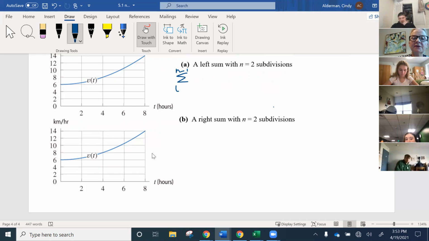And then we're going to start when t is 0. And then we're going to say f of t of whatever that time frame is, times, this is just a formula for you to follow, times the change in t.